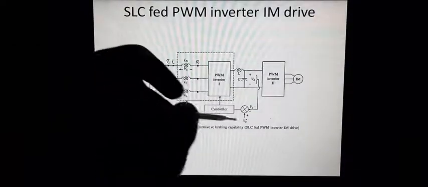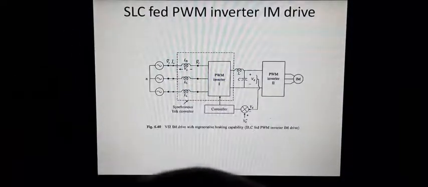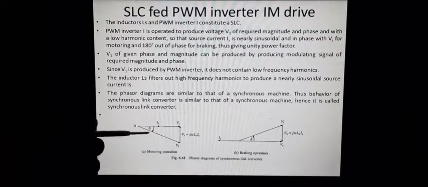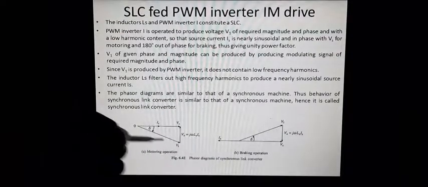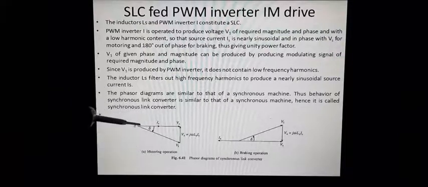This will ensure that the magnitude of V1, both during motoring operation and braking operation, is this much and it is having a phase shift of del from Vs, in order to ensure that the phase angle between Vs and Is is 0.